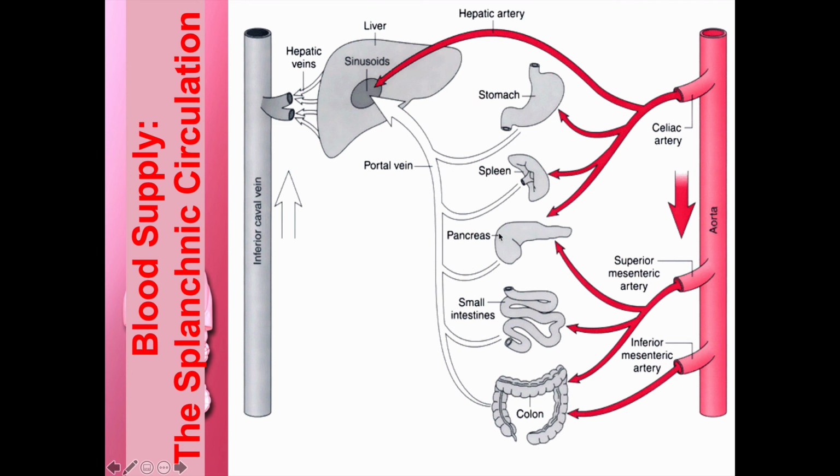All this blood goes to the liver by the portal vein. The portal vein finally enters the liver. Then the liver processes all the absorbed food and sends the venous blood through the hepatic veins to the inferior vena cava. This is the blood vessel network you need to understand here.